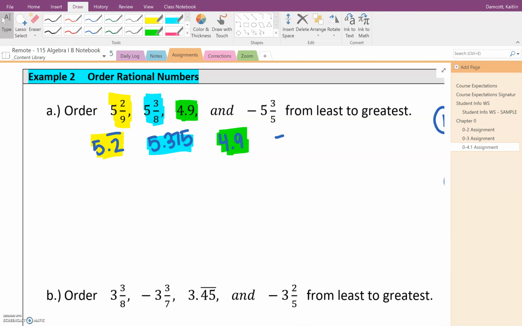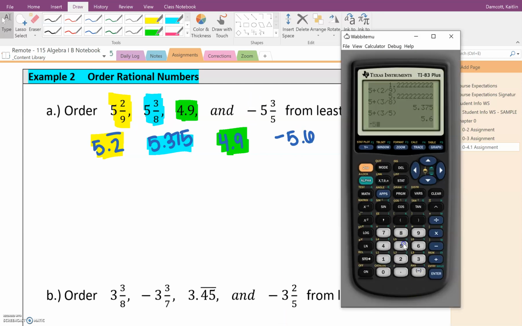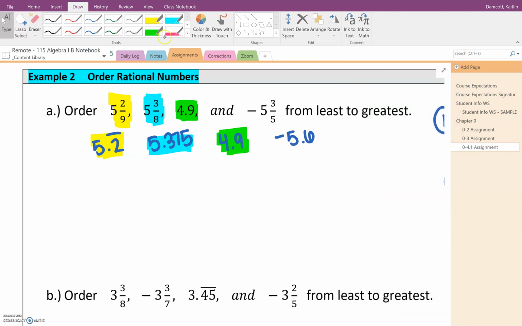So negative, and then what the calculator told us was 5.6. You can't put it in where it's a negative 5 plus the 3/5 because you won't get the correct answer. That is not what we're looking for. So you need to be very, very careful with that. You put it in as if it's a positive number and then add the negative to your writing afterwards. So this is the pink one. So I'm going to highlight those.